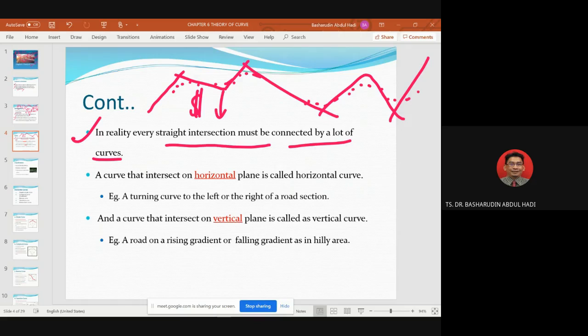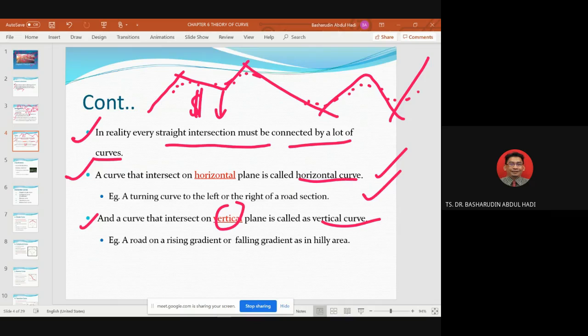A curve that intersects on a horizontal plane is called a horizontal curve. I think I already showed you about the horizontal curve. Example, a turning curve to the left or the right of the roadside sections, and a curve that intersects on a vertical plane is called a vertical curve.